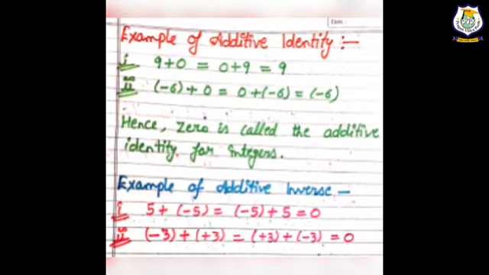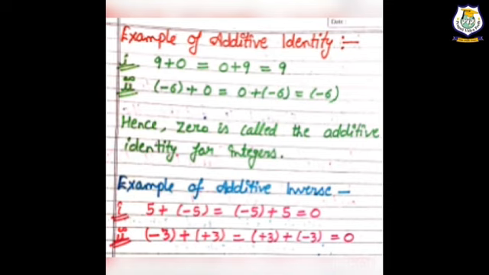Example of additive identity. Here I will take one positive integer and add it with 0. So the answer is the same integer. Or you can say that if you are adding 9 + 0 or 0 + 9, it will become the same real number. In the second example, we will take a negative integer, which is -6.